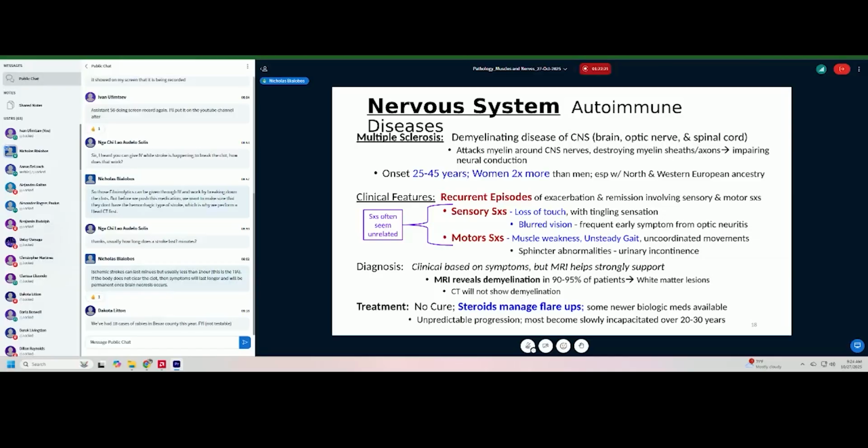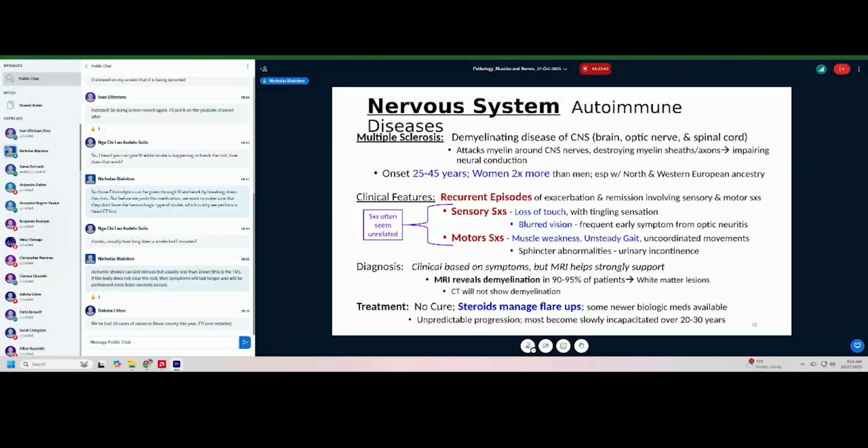They'll have symptoms, and then the body calms down, and they go through this period where they're asymptomatic, and then they get symptoms again, maybe a month, maybe a year later. So it's this kind of recurrent episode where they have symptoms of multiple sclerosis, they get better, and then it comes back, right?